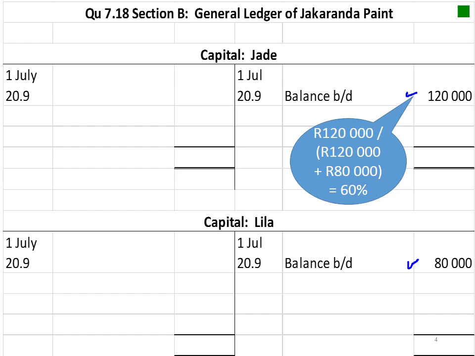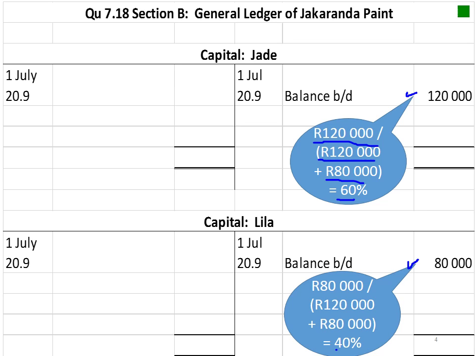We can work out that Jade owns a 60% portion of the partnership. The 120,000 plus the 80,000 adds up to 200,000, and his portion, the 120, represents 60% of 200,000, which means Lila owns 40% of the partnership. 40 plus 60 together obviously adds up to 100%.